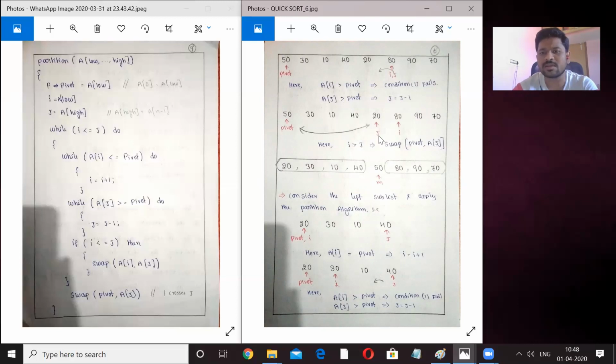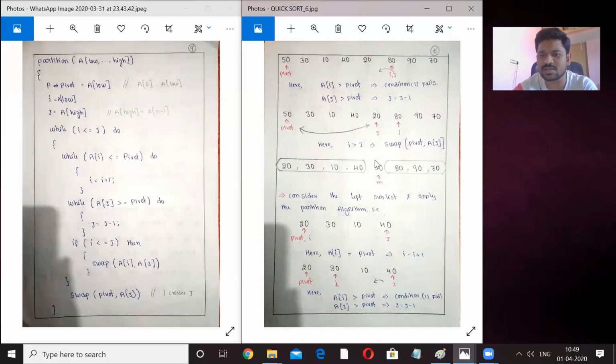Now the first condition itself fails. I is greater than j, but I need I to be less than j. So swap the pivot element as well as A of j. By swapping these two elements, I got the output like this: 20, 30, 10, 40, 50, 80, 90, 70.